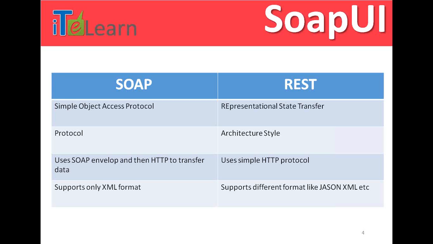And RESTful web services are an architecture style. It uses the simple HTTP protocol. The benefit of RESTful web services is that they are lightweight. They directly use HTTP protocols, as compared to SOAP, which first uses an envelope, a SOAP envelope, to encode that message. It has different parts in that message.